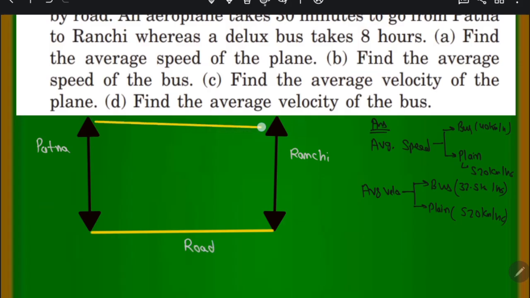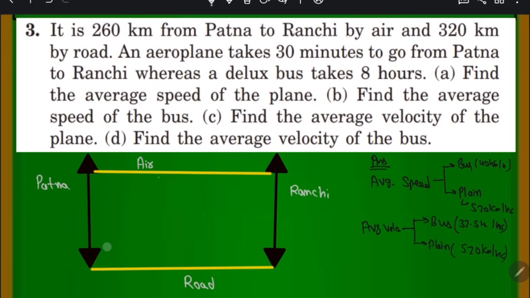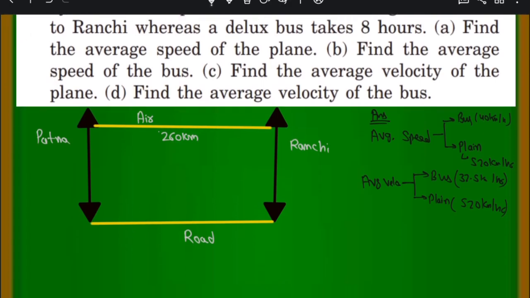This is our air trip. So it is 260 kilometer from Patna to Ranchi by air.